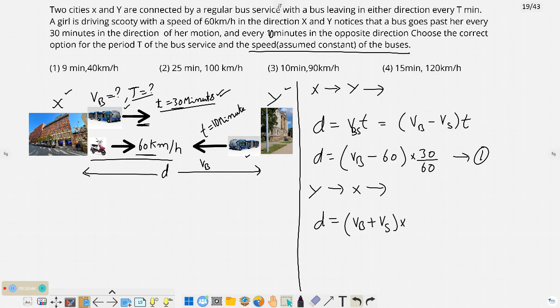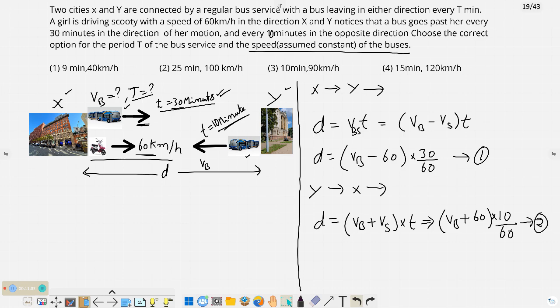Here the time is given as 10 minutes. If you apply the values, distance d is equal to the velocity of the bus, which we need to find, plus the velocity of the scooty, 60 km per hour, into the time of 10 minutes, that is 10 by 60, because we have to express it in hours. This is called equation number 2.